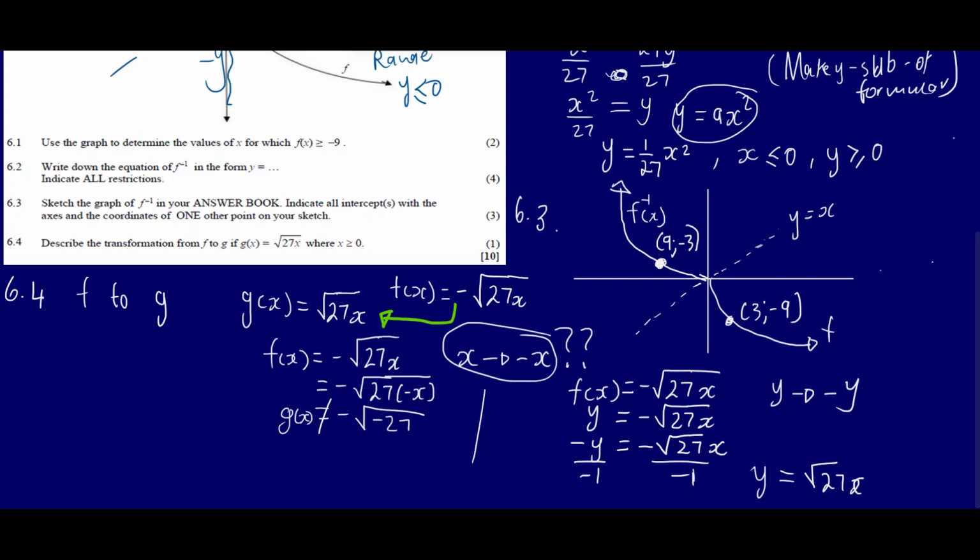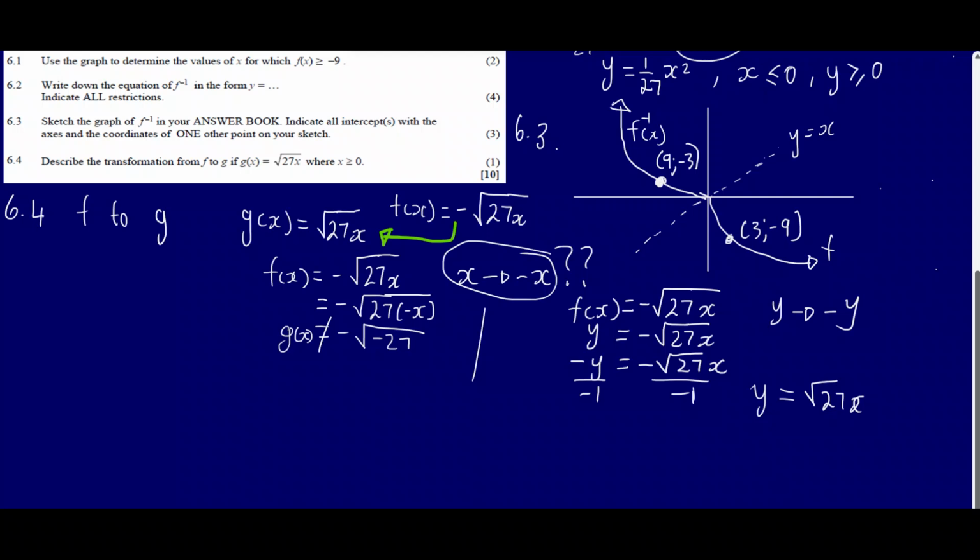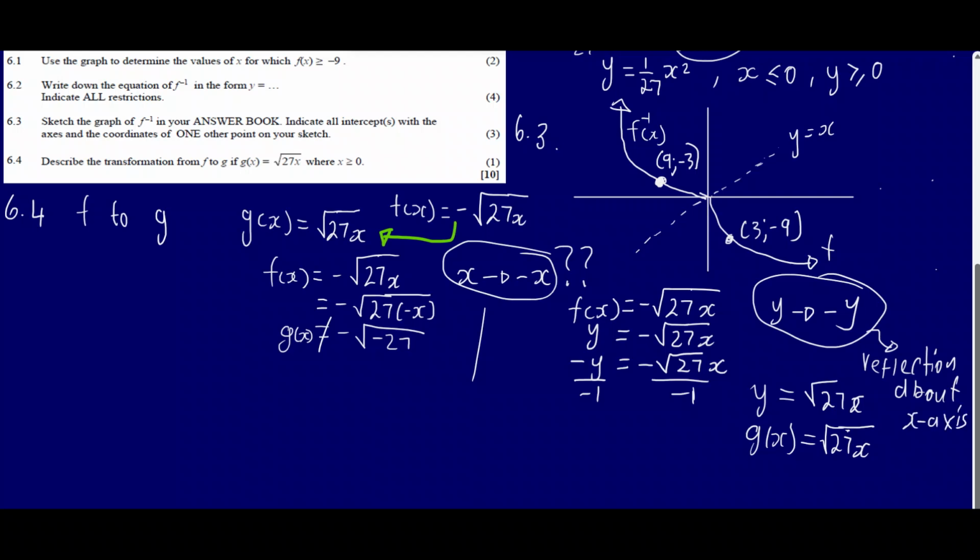So we can see that the y value here looks exactly like the graph of g, right? But what did we do here? We swapped y with minus y. So it means that this type of transformation that was performed here is the reflection about the x-axis.